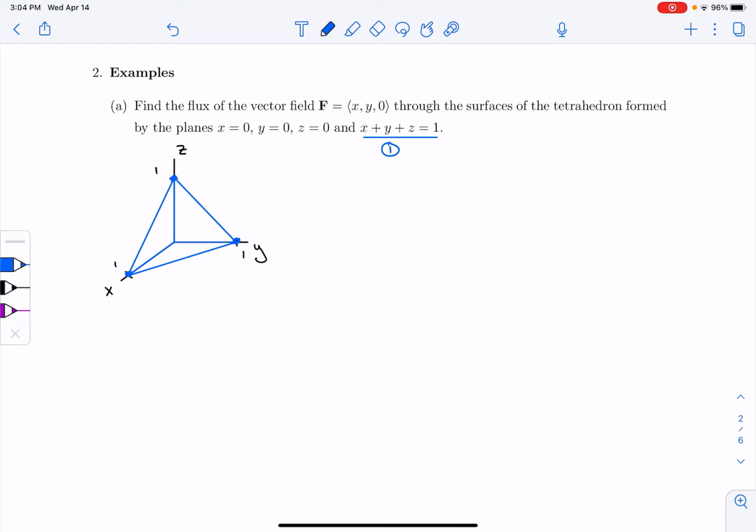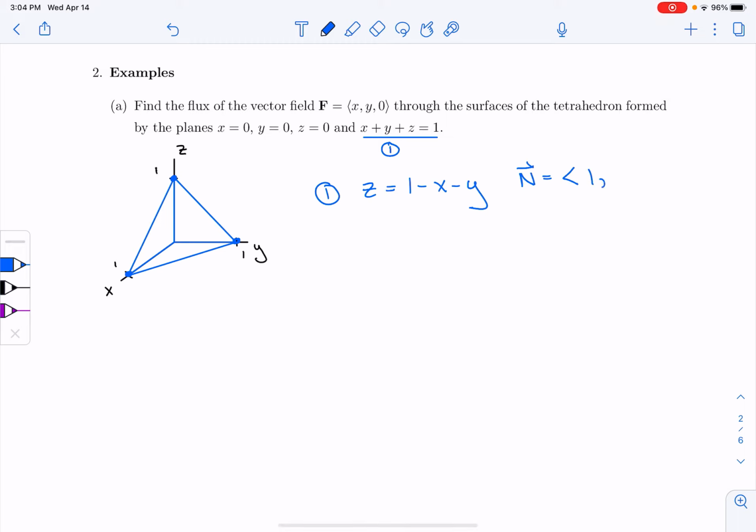So for face 1, that's going to be z equals 1 minus x minus y. Now the normal vector for that plane, you can read it off from the equation of the plane.